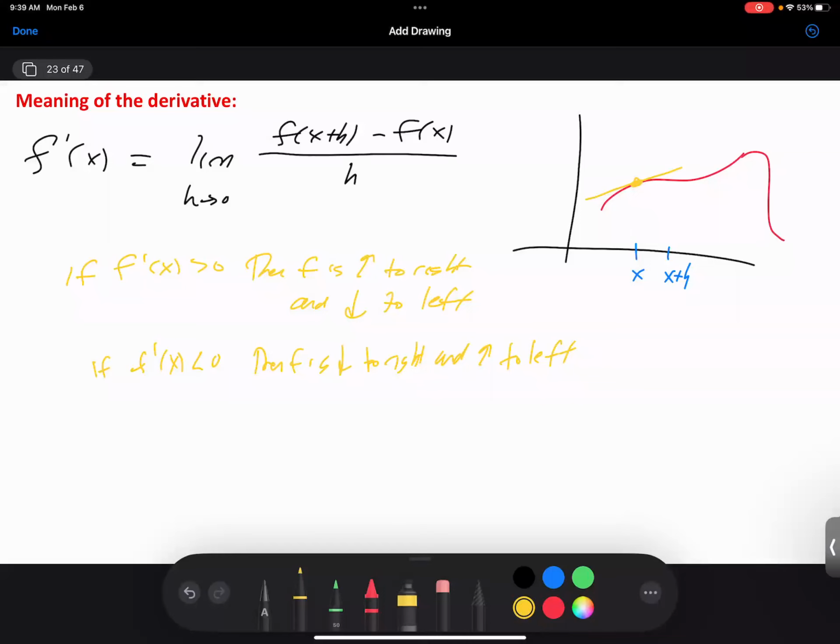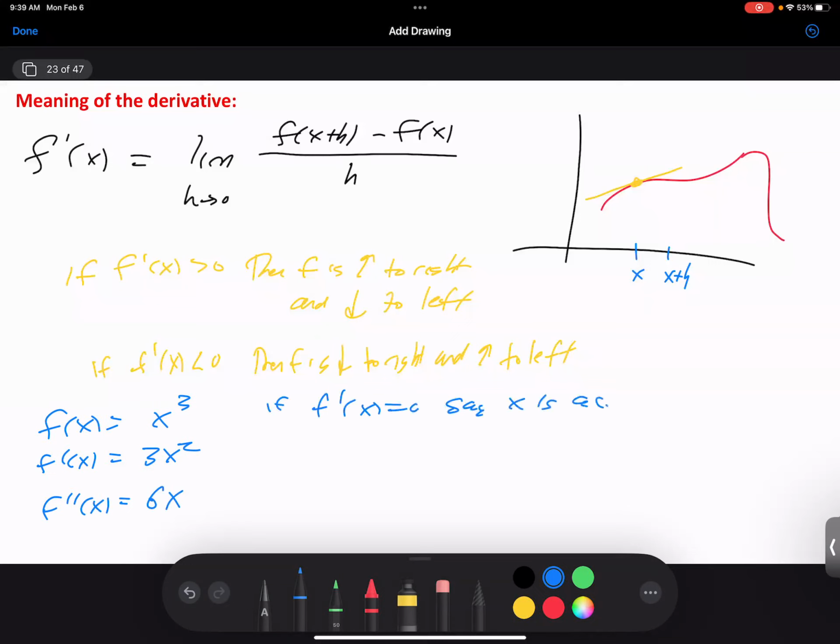So be a little bit careful. Let's say I give you f of x is x cubed. What's f prime of x? 3x squared. What's f double prime of x? 6x. So if f prime of x equals 0, we say x is a critical point.